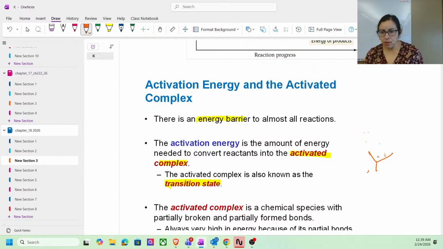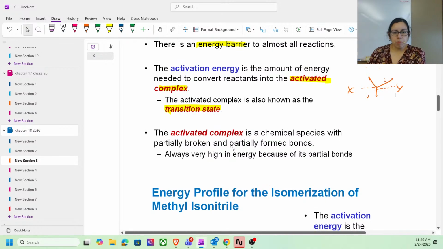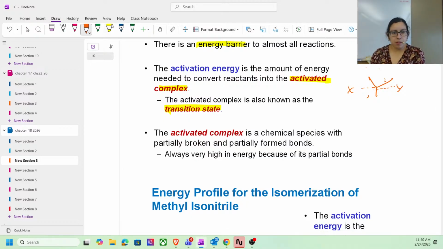Sorry, trying to show that we're breaking X and forming Y. So that's our transition state, high energy. Again, you're making and breaking bonds in this transition state, and that's why it's considered high energy, since it's this transition state.